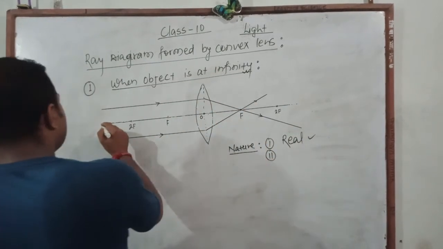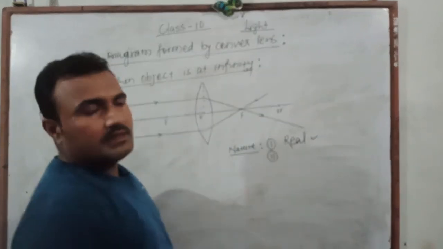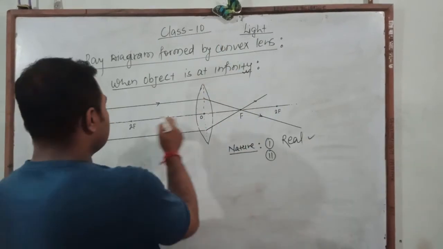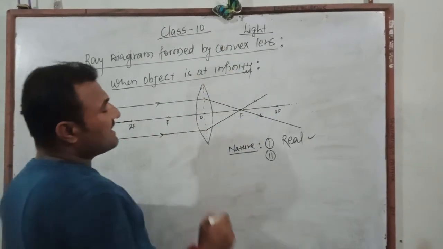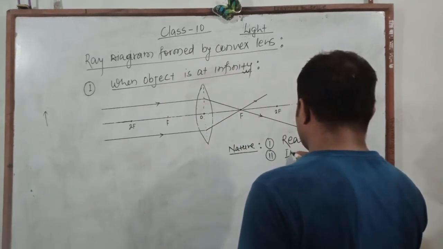That is, when the object is upright, the image will be downward, and when the object is downward, the image will be upward, on the opposite side of the principal axis.